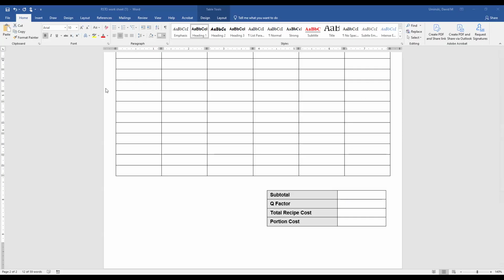And then the Q factor is 5% of the subtotal. So we're going to take the subtotal times 0.05, and that is equal to my Q factor.